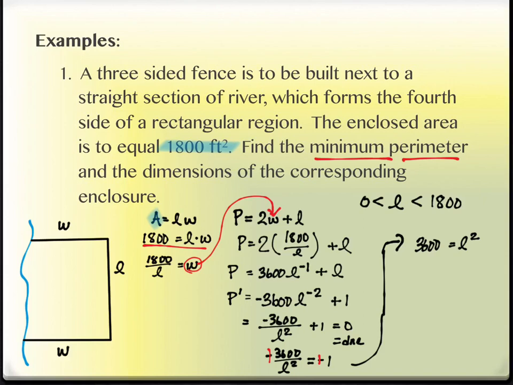What will L be in this scenario? Positive or negative 60. Now, can they really be positive or negative 60? No. You can't have a negative length. No negative lengths.